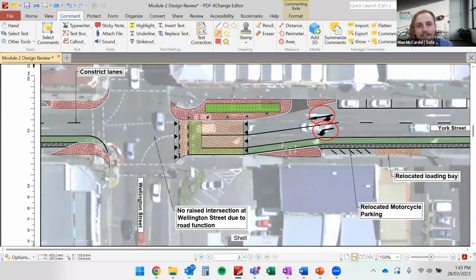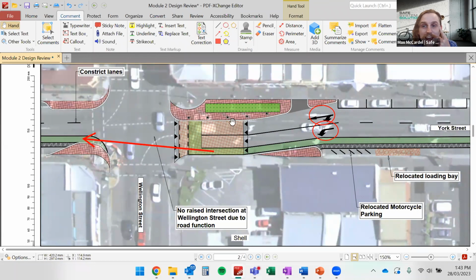The reason I mention that is if I was a cyclist and I wanted to carry on through, right, so I wanted to just continue down York Street, it's likely that the motorist on the inside lane, closest to the footpath, will be able to see me, and they'll understand that they need to give way to me as I carry on through that intersection.